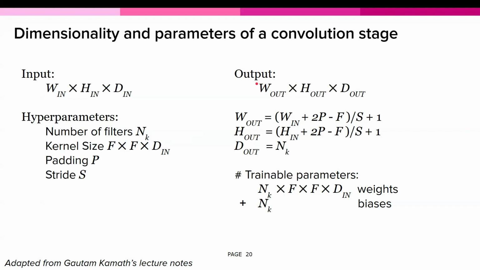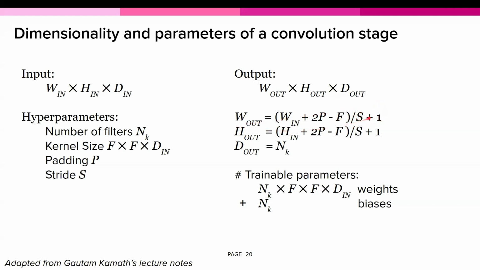The output width, height and depth are determined as follows. We'll focus on the output width first. That is the input width plus twice the amount of padding, minus the size of the kernel, divided by the stride, and then add one.